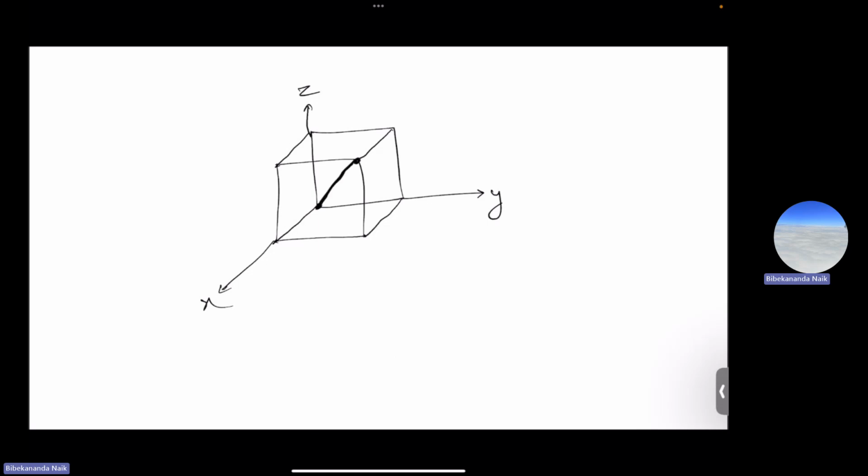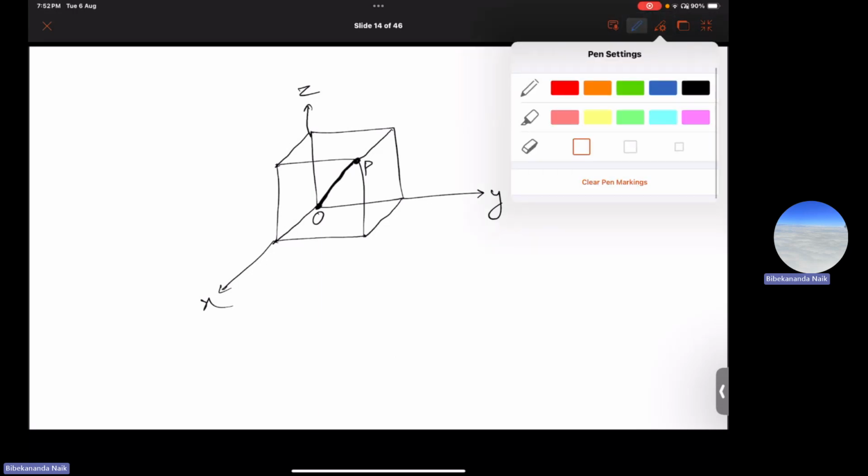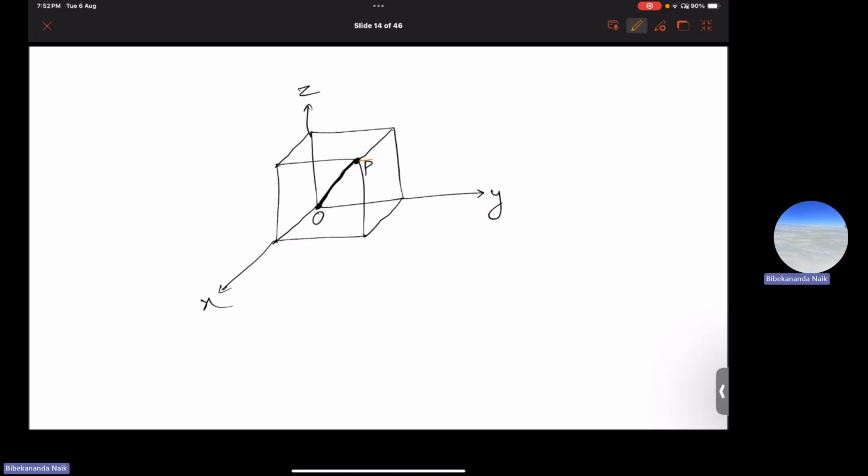We need to measure. This is O, this is P. Now, if we define the origin at the point P, then what will happen? Suppose this is our origin. This will be Y. This axis will be X. This will be Z. So if you see, this is the starting point of the vector OP. The direction is like this.